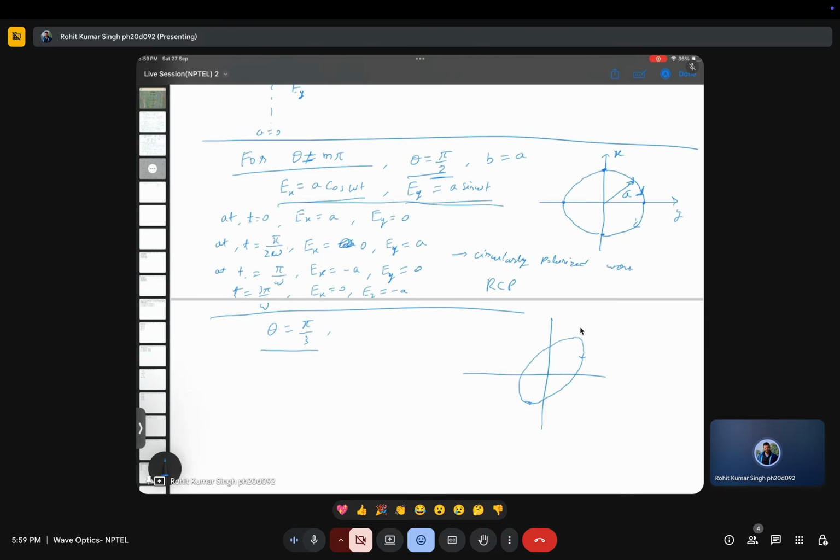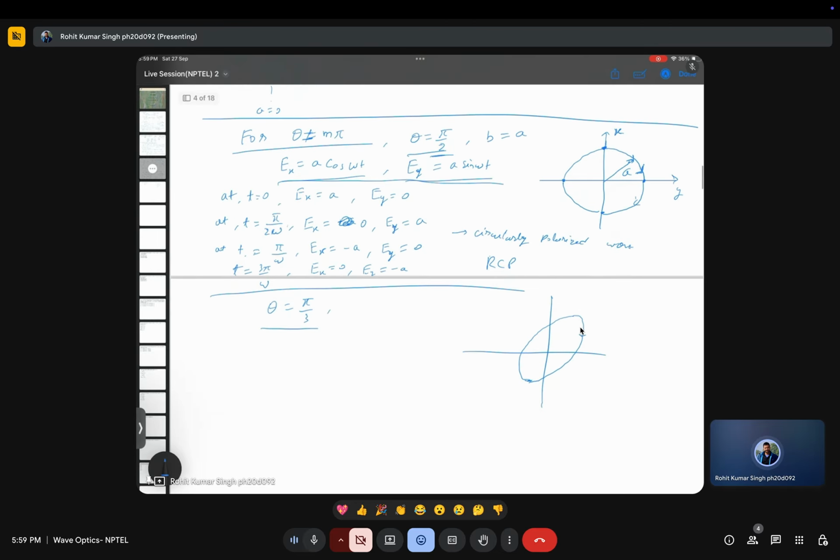So now what you saw, for theta equal to pi by 2 you got a circle, and for theta equal to pi by 3 you get an ellipse.